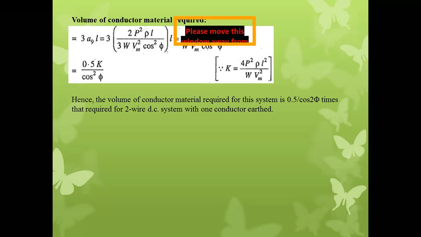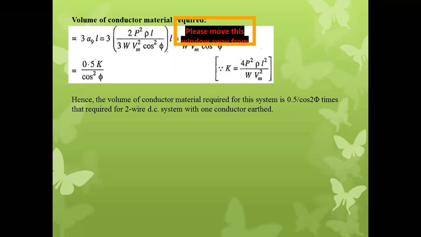How will you simplify it in terms of K? Simple calculation. Just simplify by multiplying and dividing with 2. We can easily simplify it in terms of K.